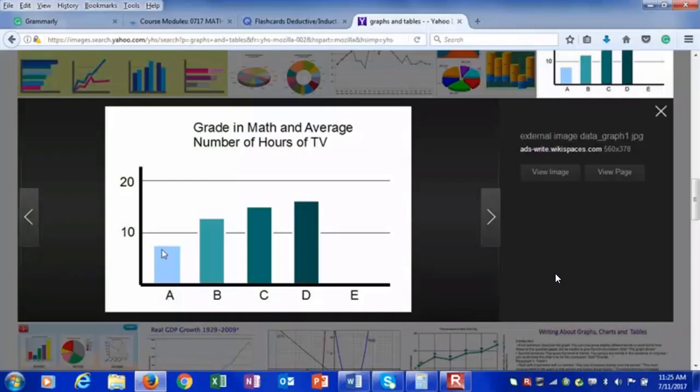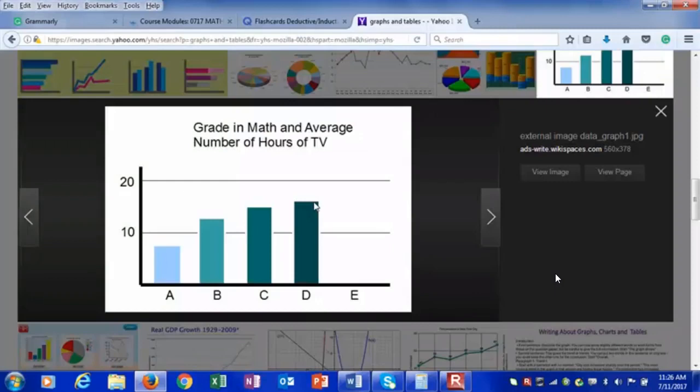Well, I'm looking at A is here, B is here, C is here, D is here. Okay? This could actually be a chart that does a little bit of both of inductive and deductive. So if I say A has 8 hours of TV, B has 13 hours, C has 15 hours, D has 16 hours, then I'm saying there's a pattern being established here through inductive reasoning.